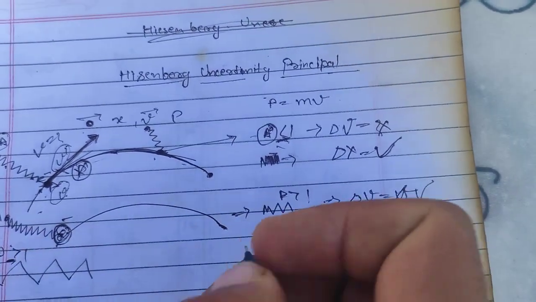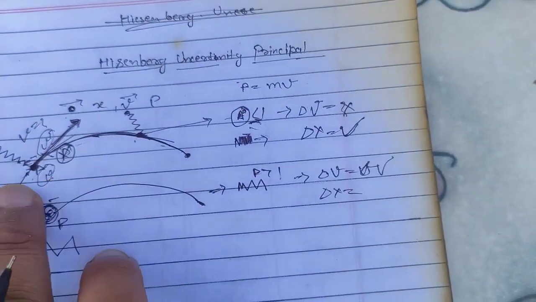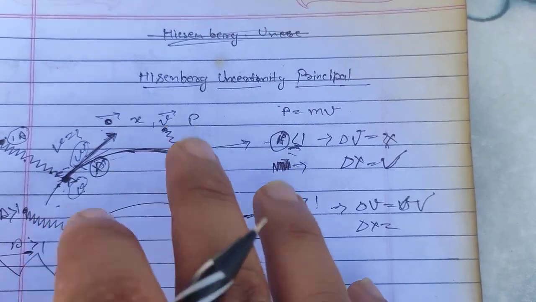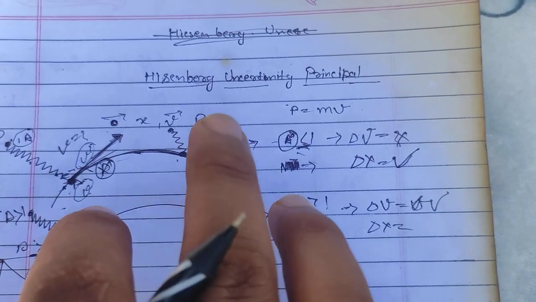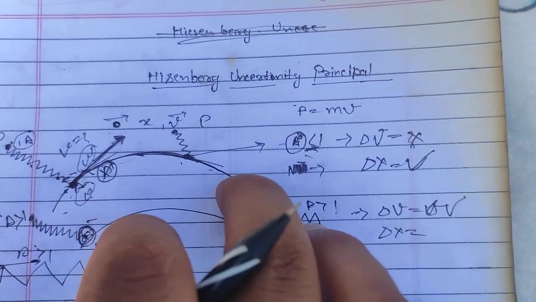So Heisenberg says that for any nanoscopic particle like an electron, proton or photon, we can't find the position and the momentum or velocity simultaneously.